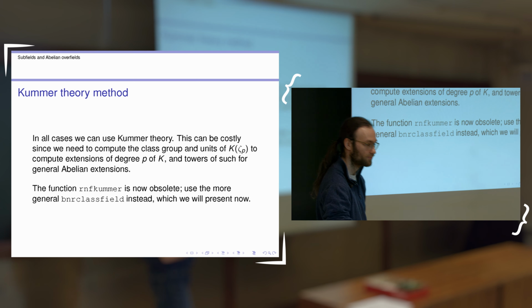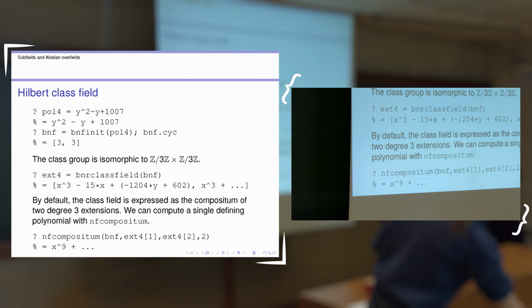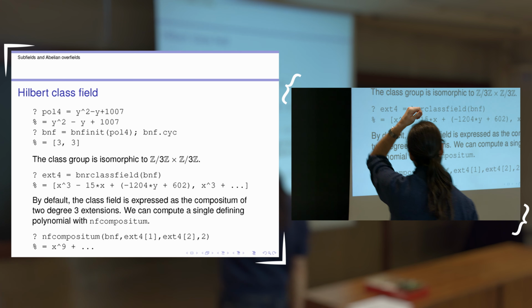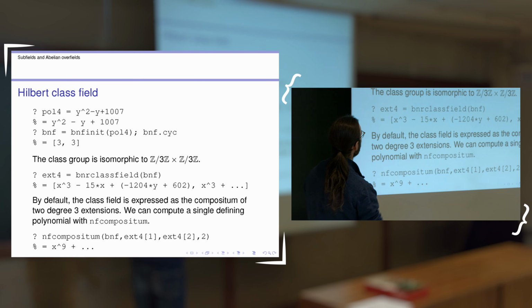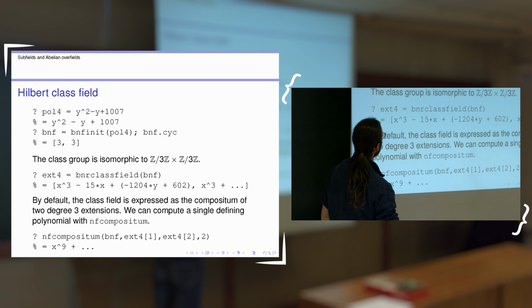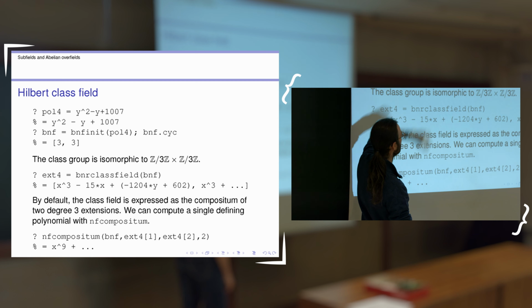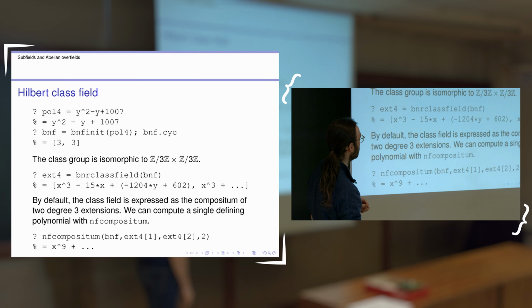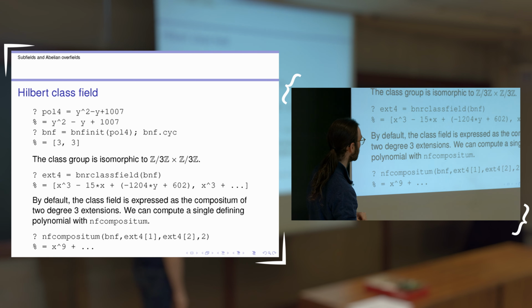Let's see how this function works. First we'll do some Hilbert class field, the one that's easiest to input. Let's take this quadratic field. We first compute its class group with bnfinit. In this case, it's Z/3 times Z/3, so we're going to have a degree 9 extension.